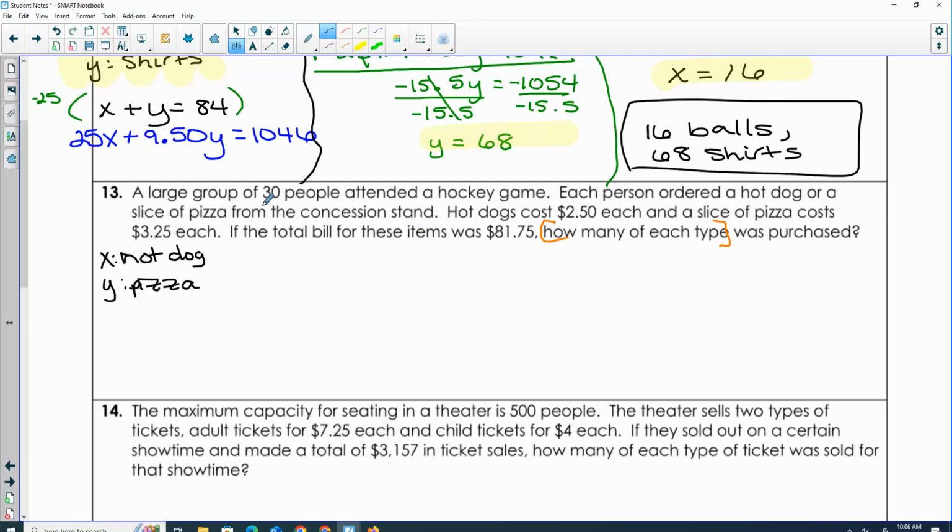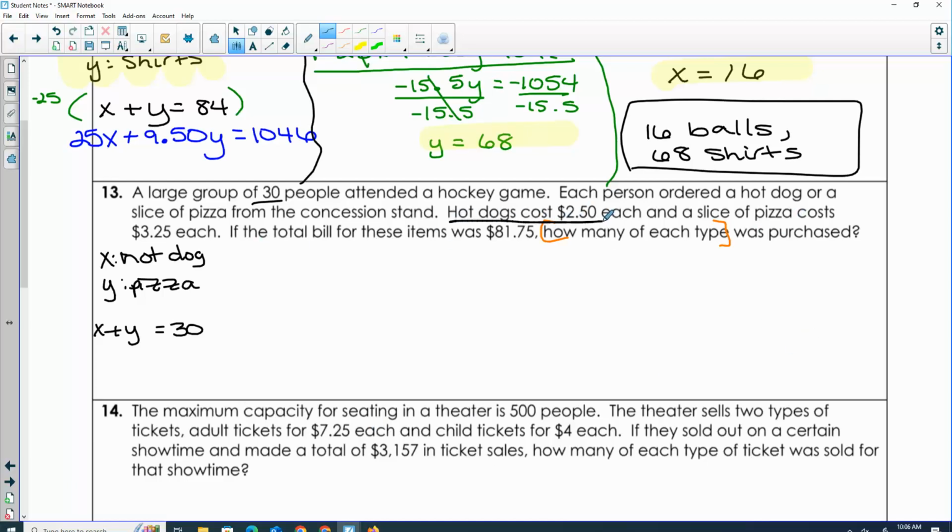We have 30 people that attended, and each person ordered a hot dog or a slice of pizza. So how many items were ordered altogether? 30. So my first equation is X plus Y equals 30. Then I get into the cost.